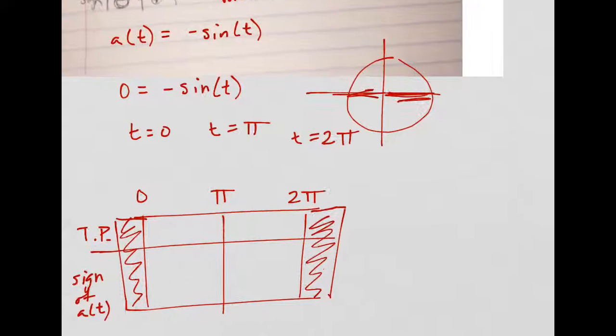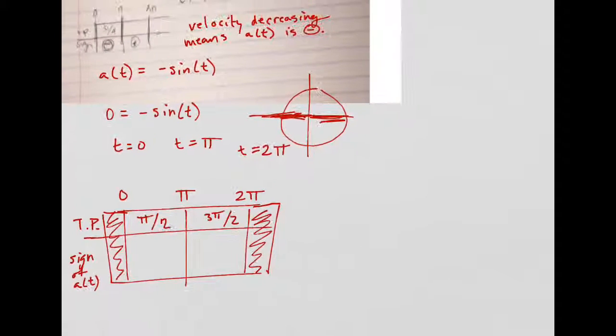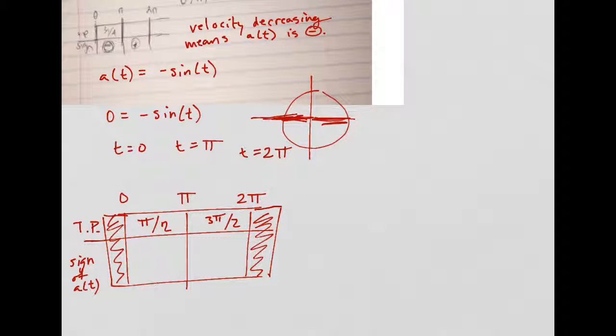So between 0 and pi, there's pi over 2. That's in between, so that's a test point that I'm going to pick. And then between pi and 2 pi, well, that's 3 pi over 2. And really, we don't even need that much information, just because we know about the quadrants and what the signs are.